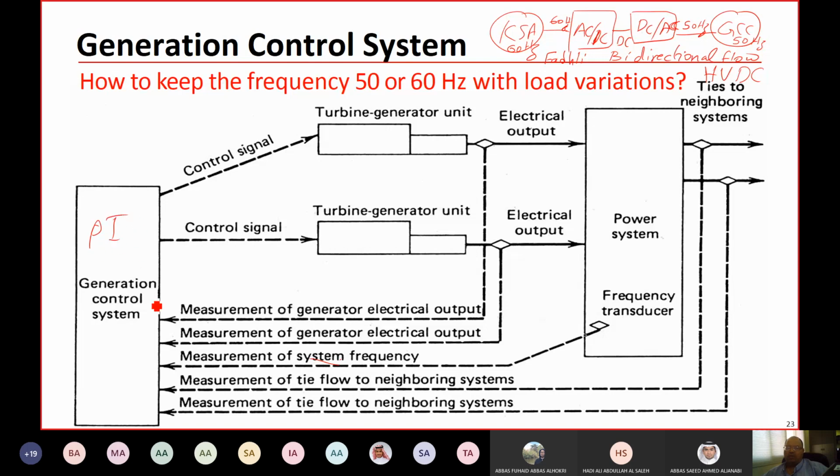You have a PI controller to measure delta F, the deviation in frequency. What is the cause of this delta F? Why does the frequency deviate from its nominal value of 60 hertz? Because of the load.